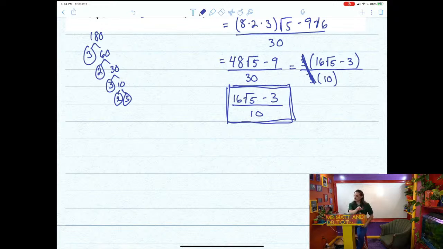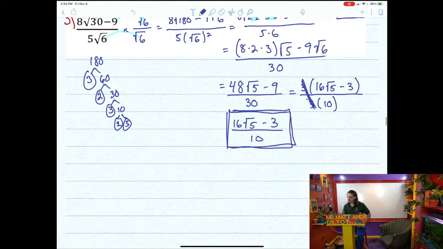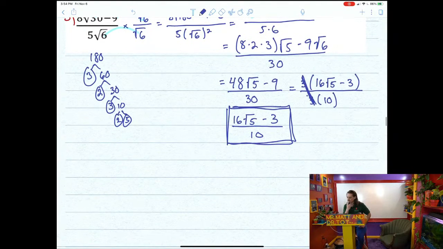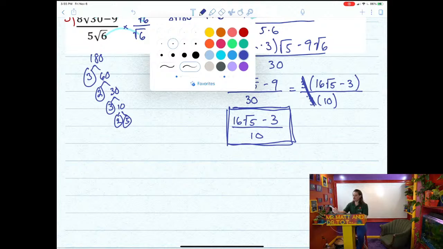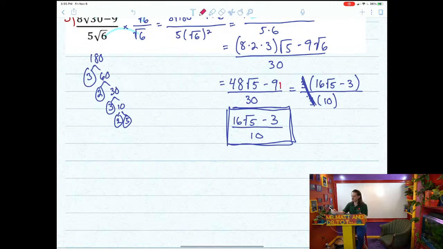So Mark, why did we lose the root 6 at the end? Oh my goodness, thank you very much. No, that's absolutely right. I'm so sorry. I dropped the root 6. My apologies. Thank you very much, Mark. Good eye.